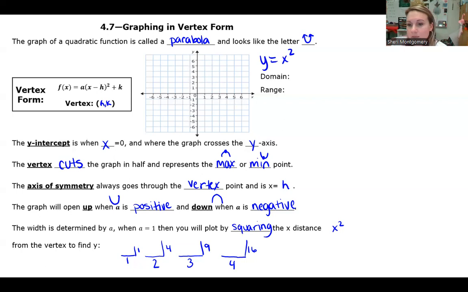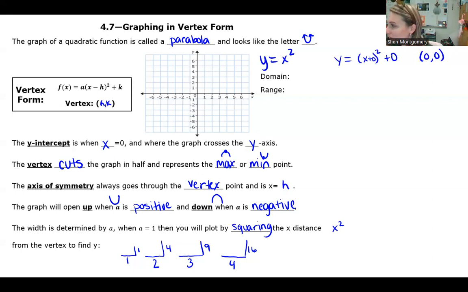That's the same thing as y is equal to parentheses x plus 0 squared plus 0, or it could be minus 0 in parentheses. Those are the same thing, right? Nod your head if you see that that's the same thing. Okay. So what would that vertex be? 0, 0. Thank you. So the vertex would be 0, 0.